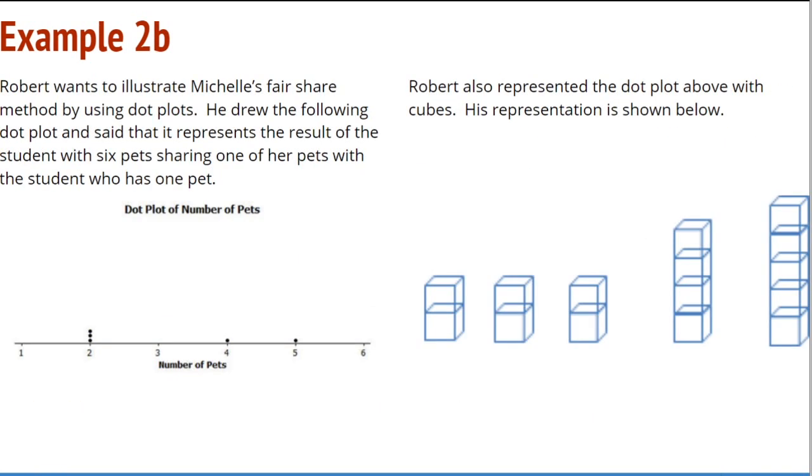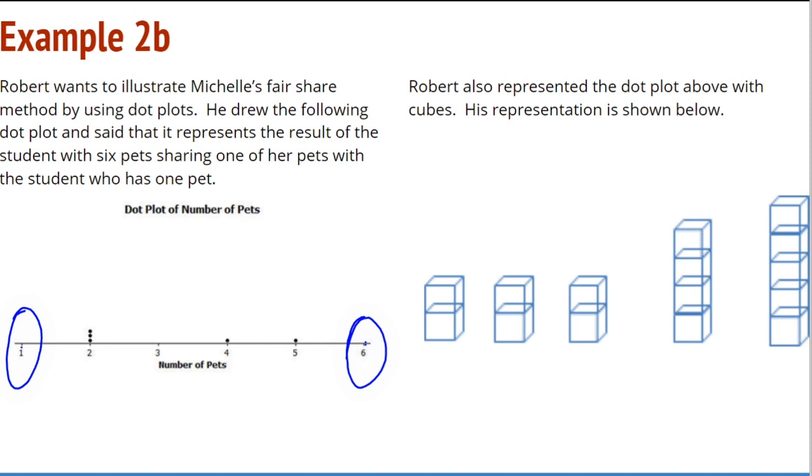So Robert wants to illustrate Michelle's fair share method using a dot plot. So he drew the following dot plot and said that it represents the result of the student with 6 pets sharing 1 of her pets with a student who has 1 pet. So notice that in our dot plot we no longer have the 6 and the 1. Well, the student who had 6 pets gave away 1 of their pets to the person who had 1 pet.